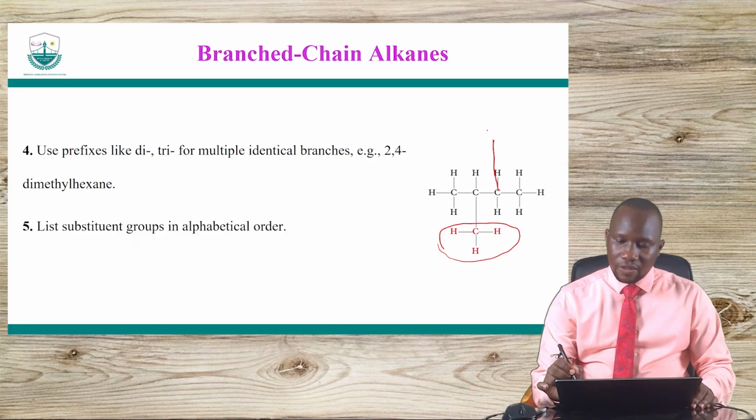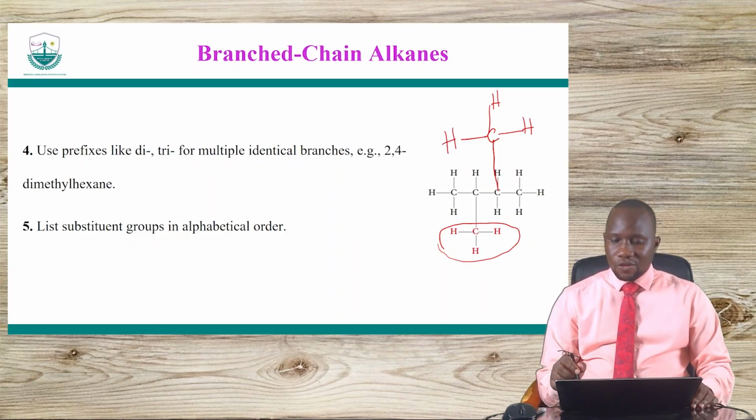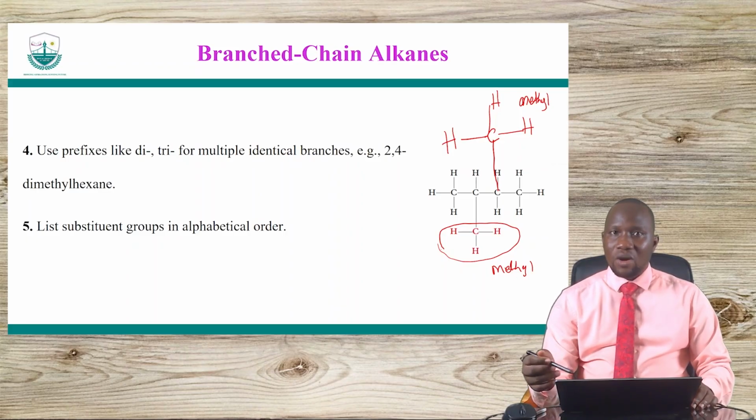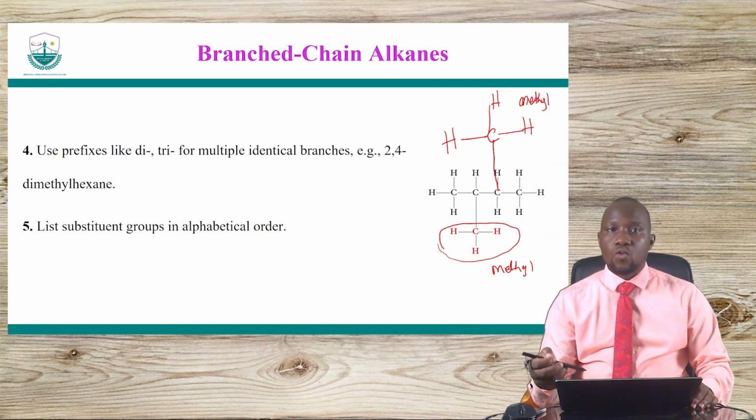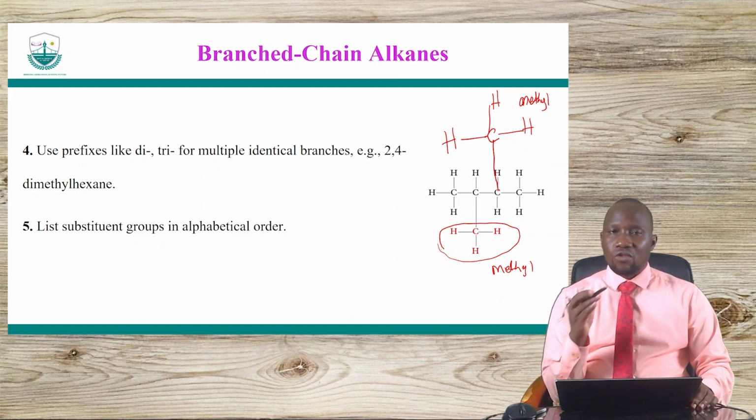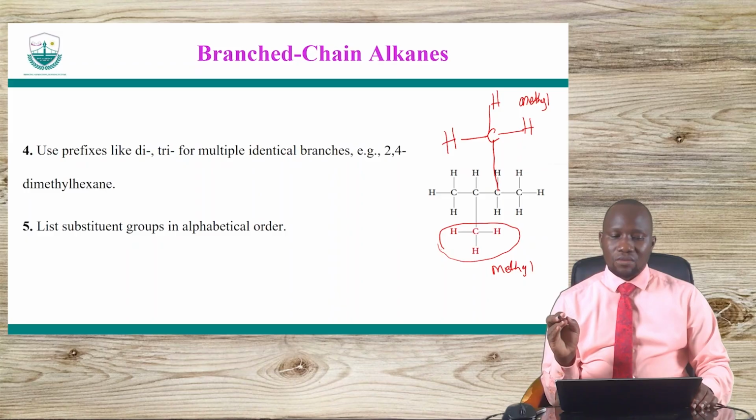So this is another carbon with 3 hydrogen atoms. So we have this methyl group, and then you also have that methyl group there. So we have 2. So in our naming, it has to come out that there are 2 groups that have branched off from this position and that position.